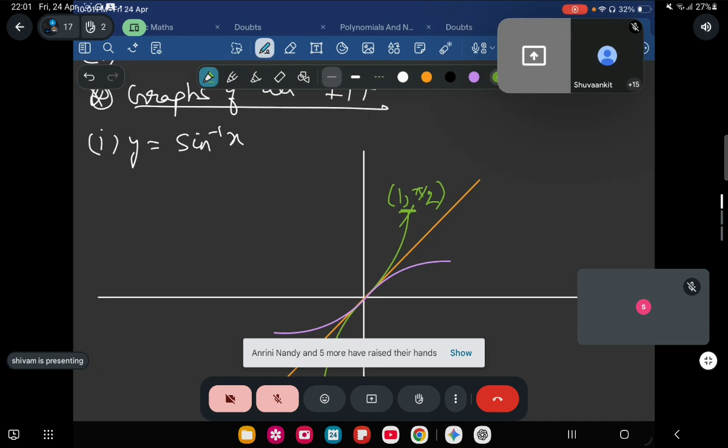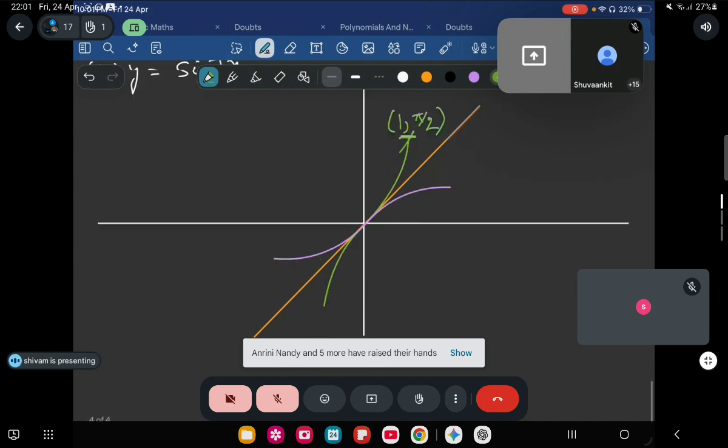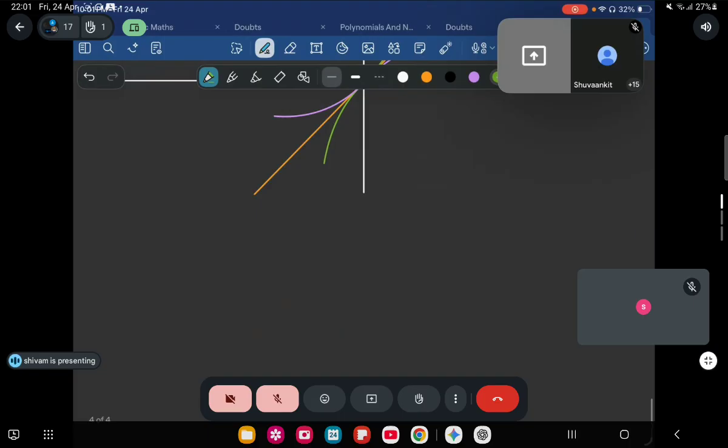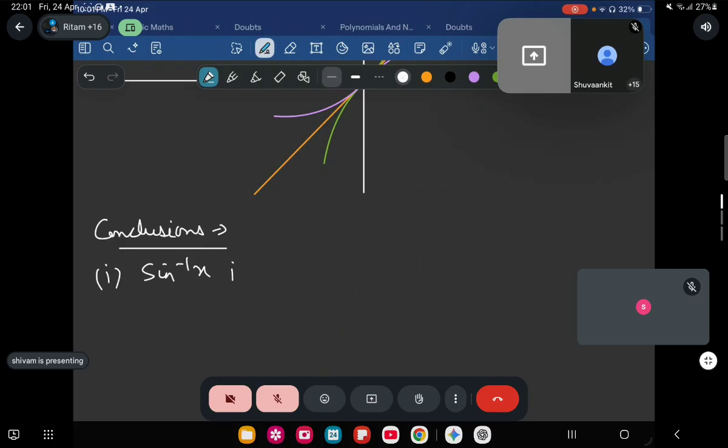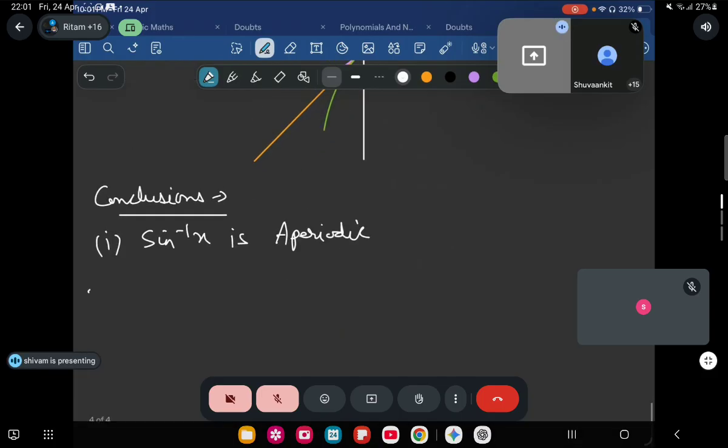Next. There are some conclusions we can draw. Number 1. Is it periodic or aperiodic? Sin inverse x is aperiodic. Next. Is it bounded?